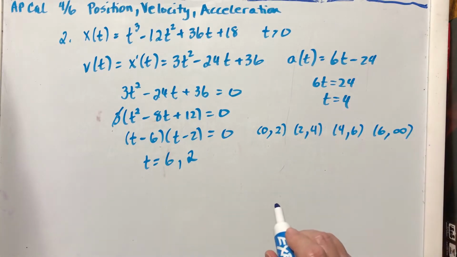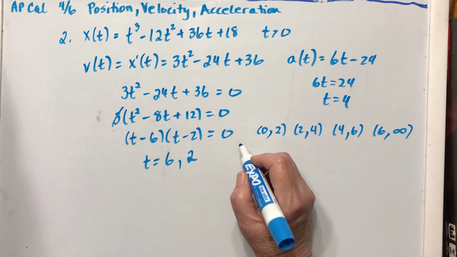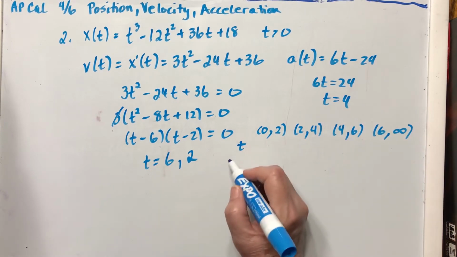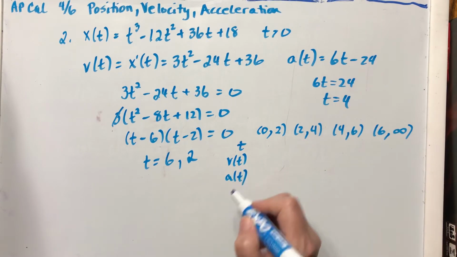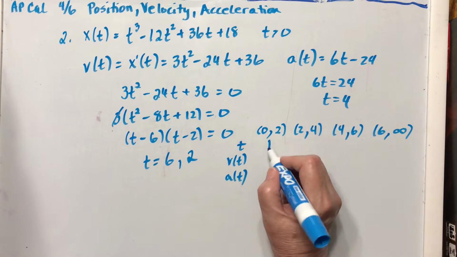I need the number I'm going to plug in. We'll use t, and then we want v of t, and then we want a of t.